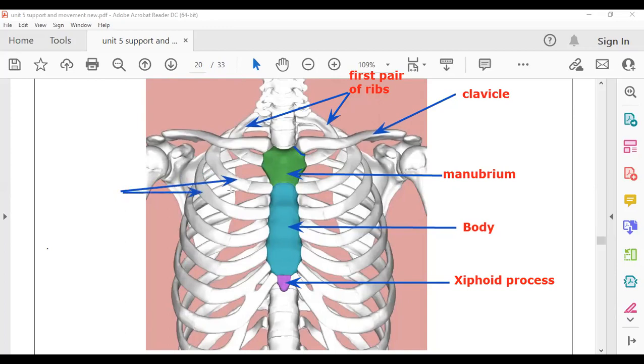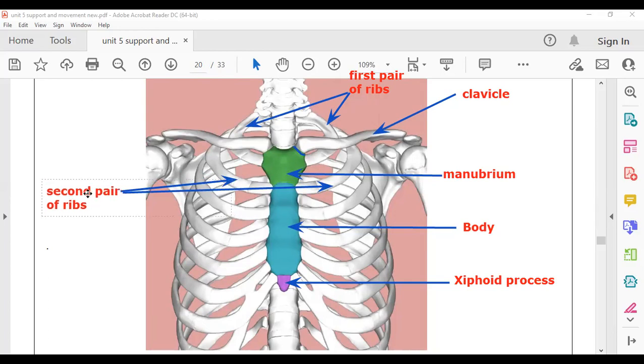Actually, this is the second pair of ribs. Second pair of ribs actually articulate in the border between the manubrium and body.